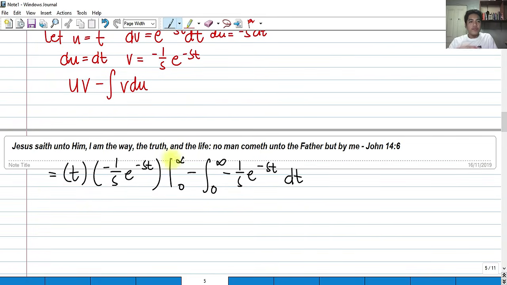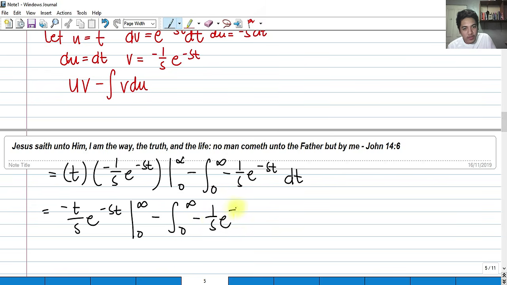So let's first evaluate the limits on the left side of our equation, in this term. So we have negative t over s e raised to negative st evaluated from 0 to infinity minus the integral from 0 to infinity of negative 1 over s e raised to negative st dt.